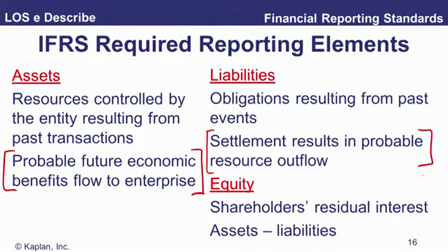Now, equity, the shareholders' residual interest, we've already done this. We've said, look, take the assets, deduct the liabilities, and what you're left with is equity. So assets minus liabilities equals our equity. And remember, assets minus liabilities often gets the name net worth or net assets.